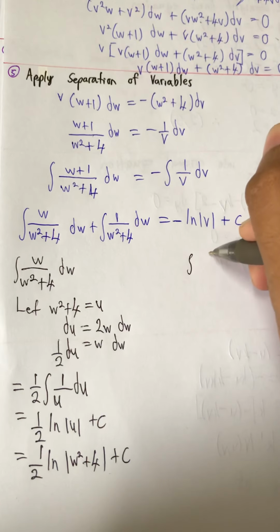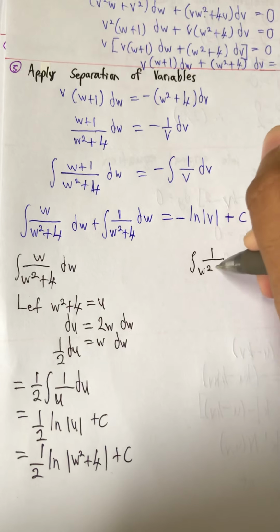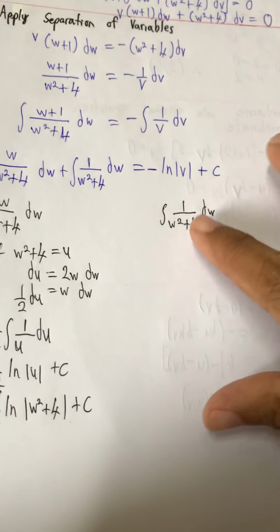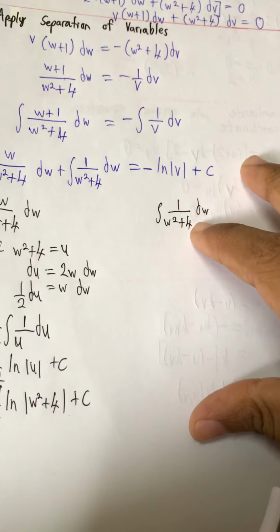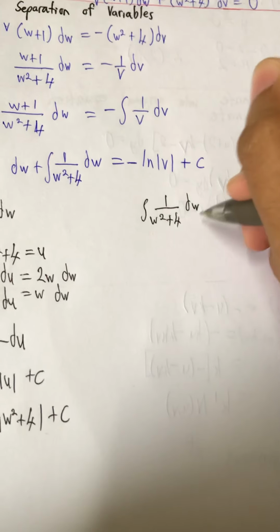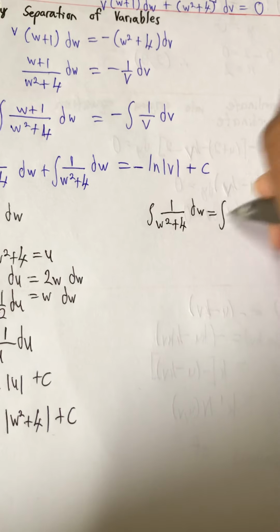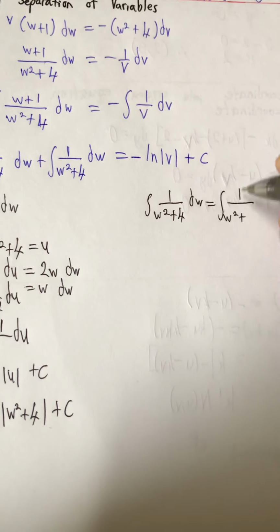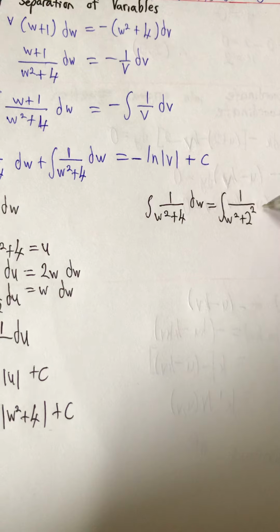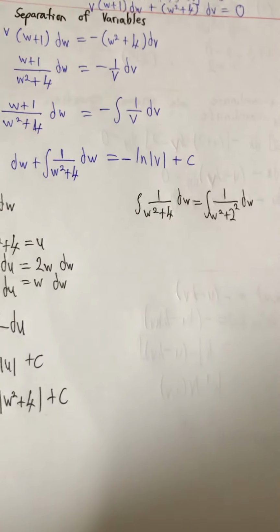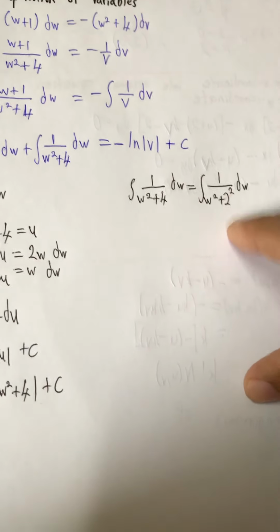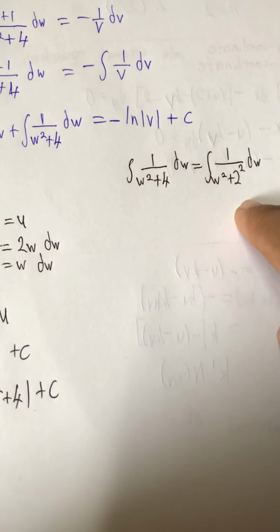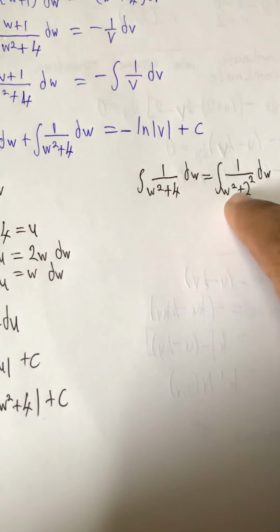So the integration of 1 over (w square plus 4) dw. Note that 4 is actually equal to 2 to the power of 2, so it becomes 1 over (w square plus 2 to the power of 2). If we consider here, we can use the trigonometric substitution for integration.